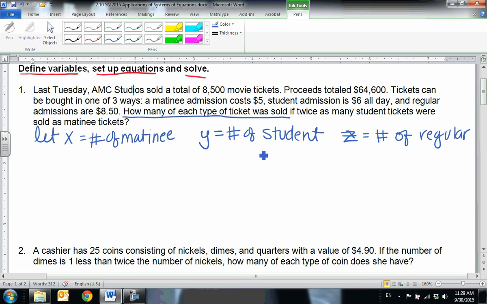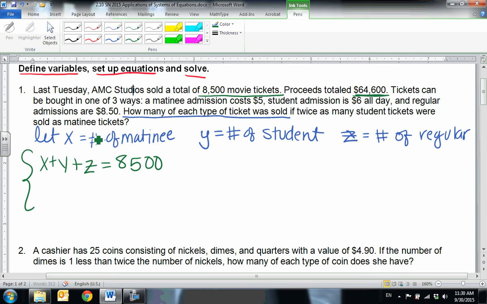Okay? Now let's set up our equations. So we have three variables, so how many equations do we need? 3. So a total of 8,500 movie tickets. How could I write that as an equation? Good. X plus Y plus Z equals 8,500. Proceeds totaled $64,600.